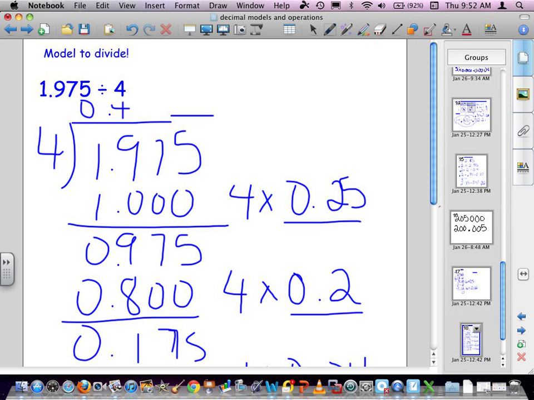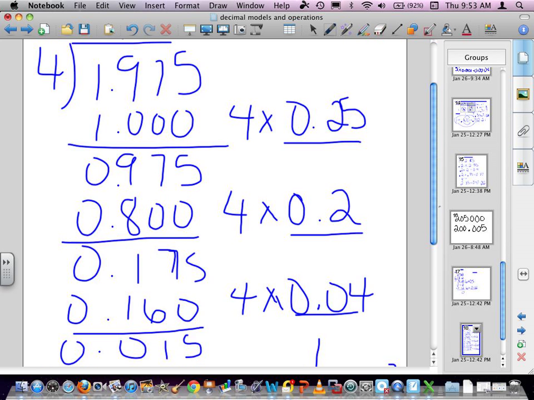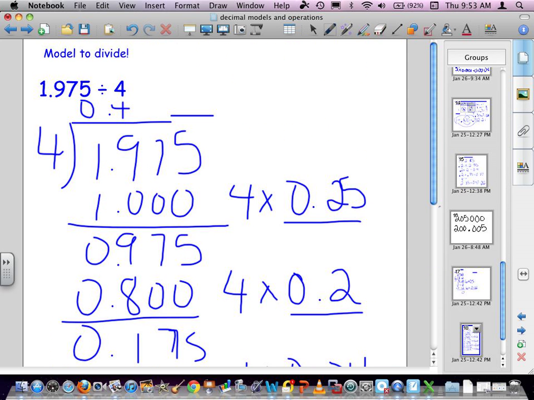I had 5 hundredths and 4 hundredths, which gives me 9 hundredths, and then I had 3, 7, 5. So the process works by breaking it up into pieces and estimating. You don't necessarily have to always use a traditional algorithm. In fact, this one is much better at reinforcing estimation and place value sense.